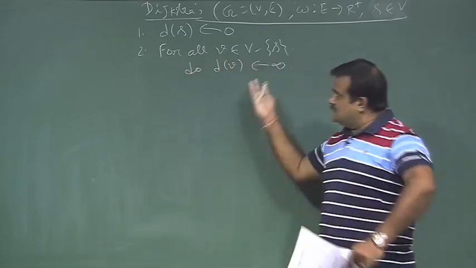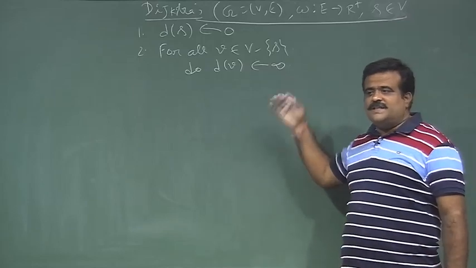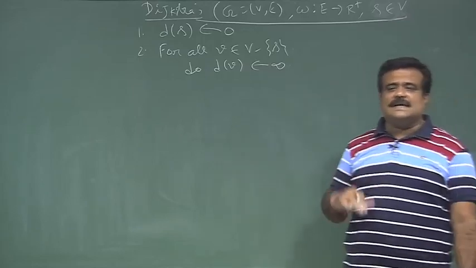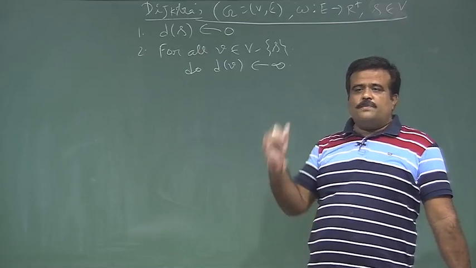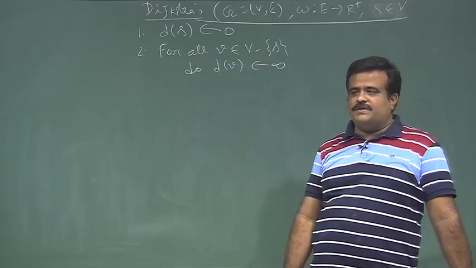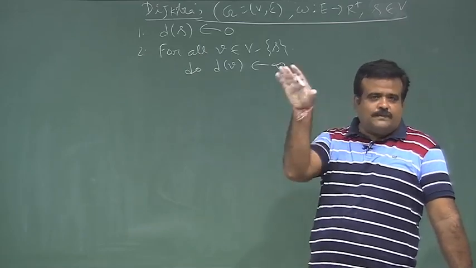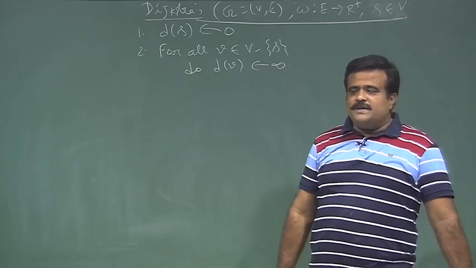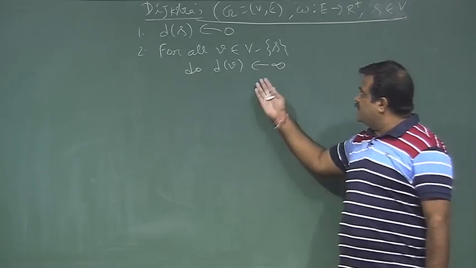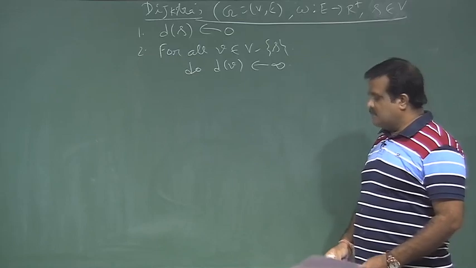This is the same as Prim's algorithm. This is the initialization step, because initially nothing has been explored. So, we are putting the distance to be infinity for all other vertices, because we haven't explored them yet.